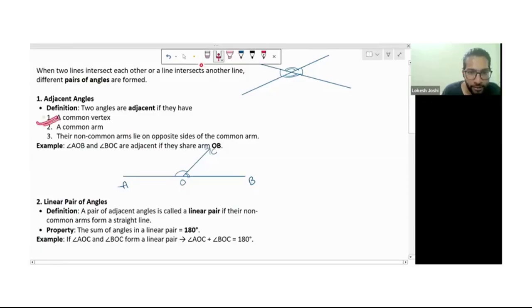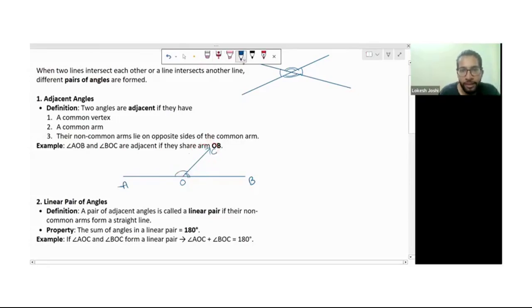A common vertex, you can see O is the vertex, common arm, it's OC, and their non-common arms, which are OA and OB, lie on opposite sides of the common arm. Yes, it's correct. OC is the common arm and the others are on opposite sides.